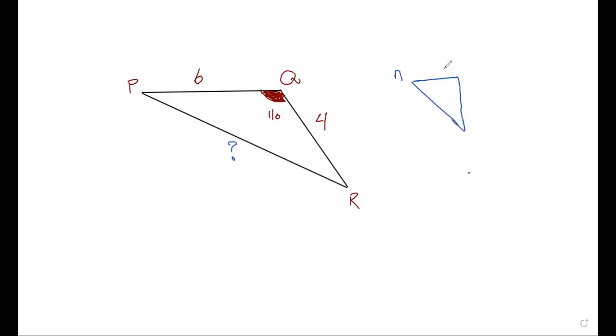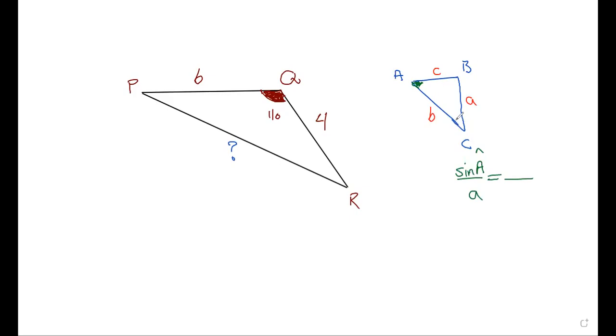For example, A, B, C. This length is B, this length is C, this length is A. The thing that we saw as the sine law of the triangle before the break was this. We said that, for example, the sine of the angle A, which was essentially here, over A, equals what?